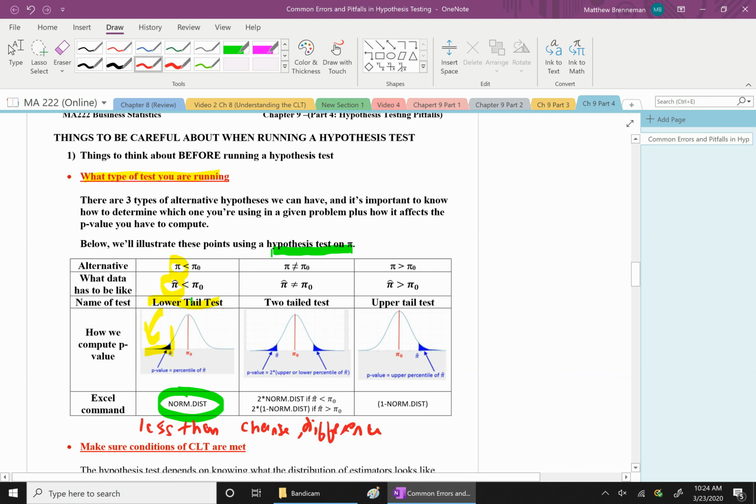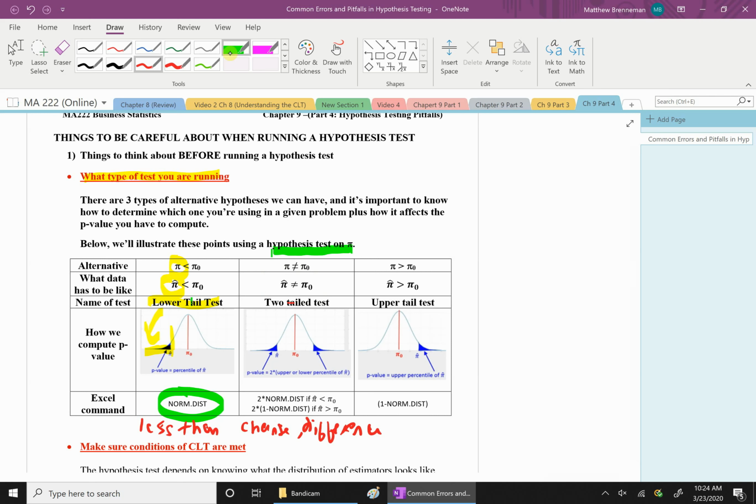So sometimes, for example, when some sort of change occurs, we don't know how it's going to affect the population. So in this case, notice that our sample estimator could be on either side, right?